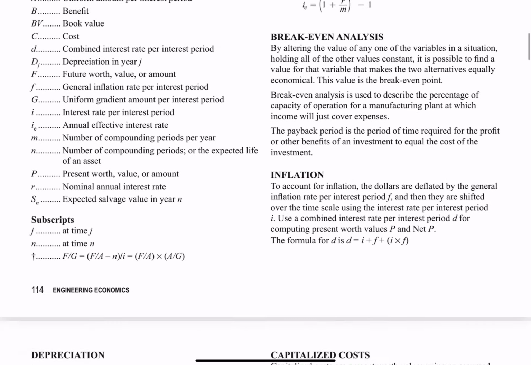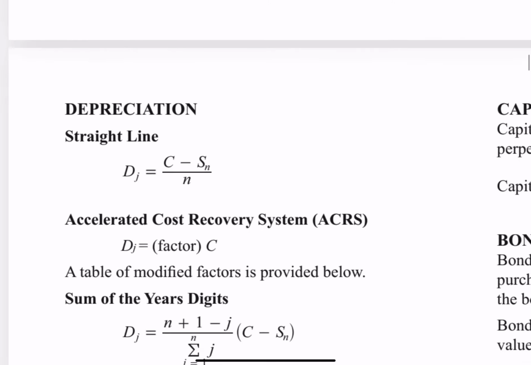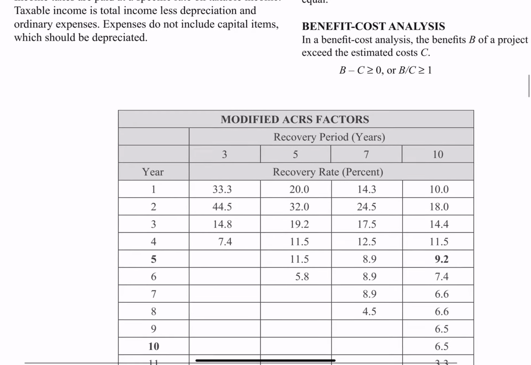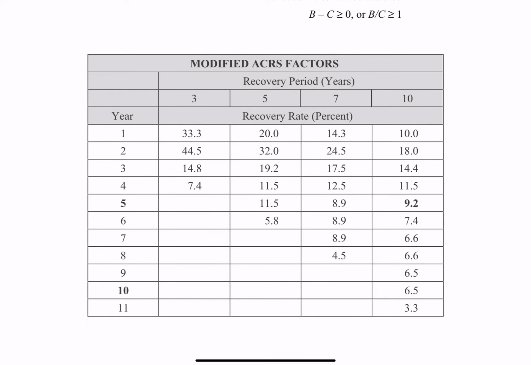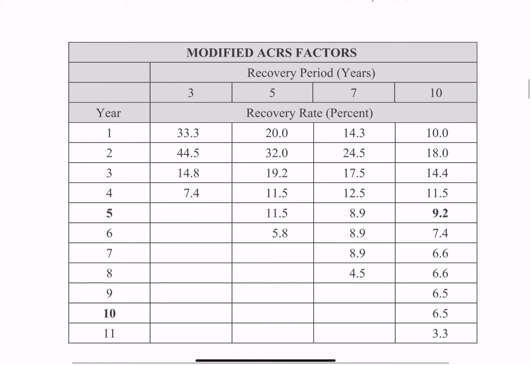In our FE reference, go to page number 2, where the two methods we have for depreciation are. If you go to the bottom of page number 2, that is the table used to determine the factor for the modified accelerated cost recovery system, MACRS, and it depends on the recovery period, or the years of depreciation. For example, if it's 3 years, then you have the first year 33.3%. That is the factor in that equation.